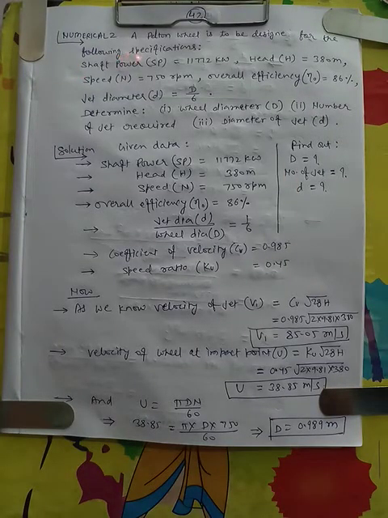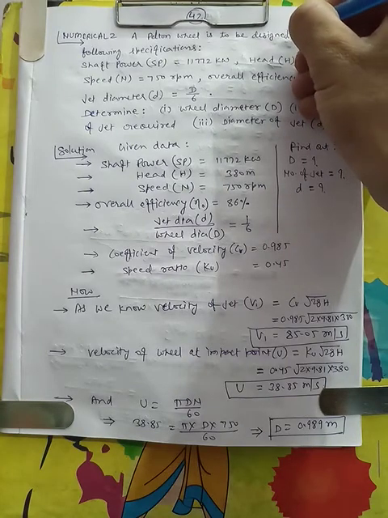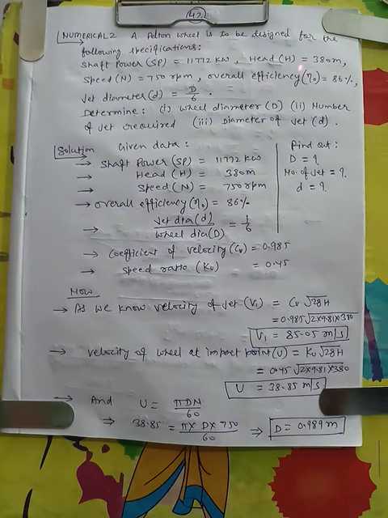The numerical is: a Pelton wheel is to be designed for the following specifications: shaft power needed 11,772 kilowatt, head 380 meter, speed 750 rpm, overall efficiency 86%, and the jet ratio, runner diameter by jet diameter, capital D by small d, is 6.